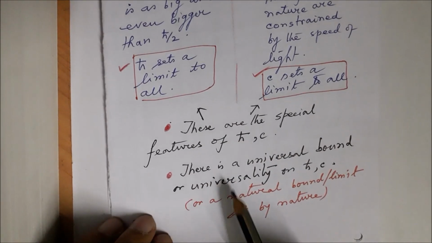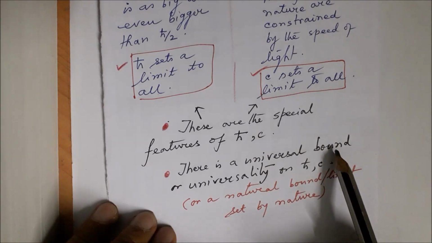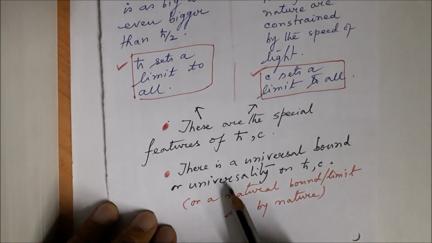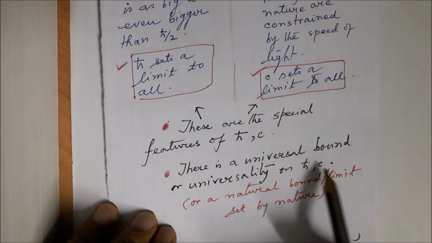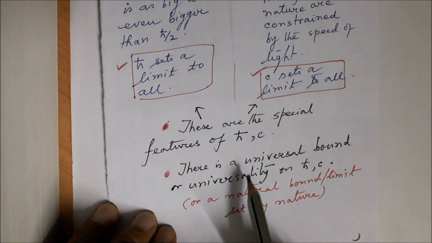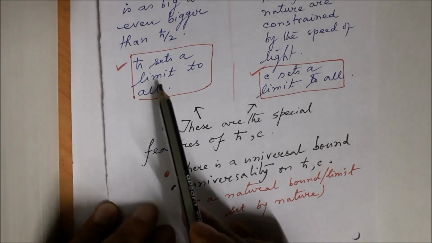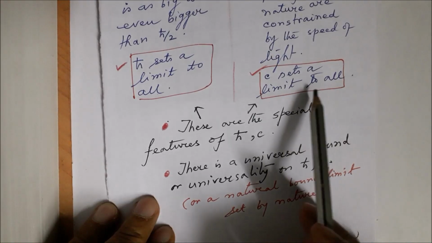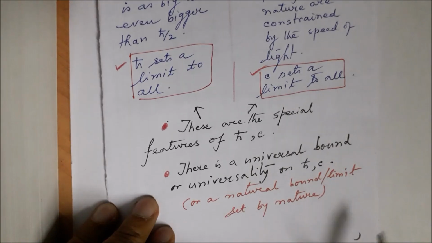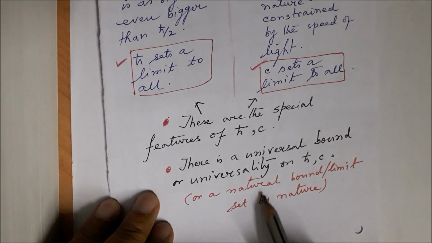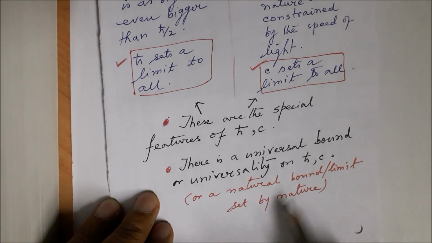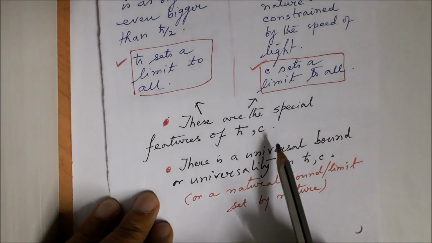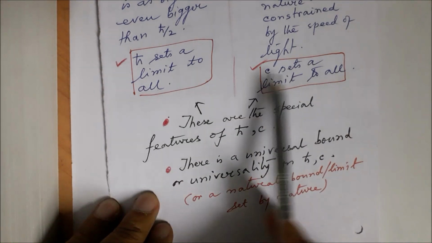In other words, there is a universal bound or universality on h cross and c because they apply to all objects, without any favor or bias. It is a natural limit or a natural bound that is set by nature, and we have nothing to do here. We have no role in these choices.